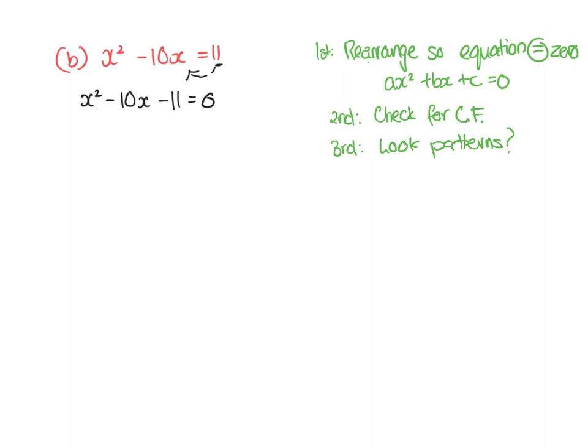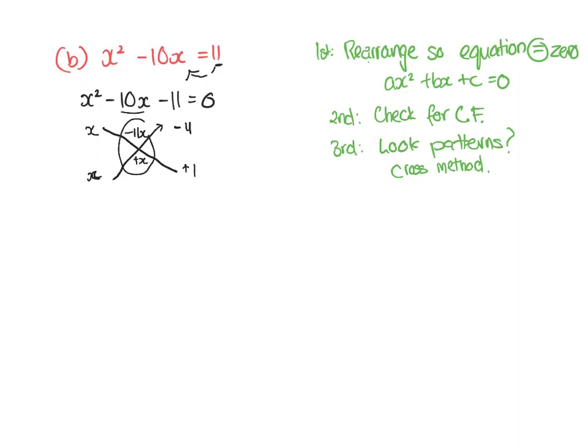So let's go and do the cross method. We're actually trying to factorize it. Next year there'll be some other methods you could try as well, but we're going to use the cross method. With the cross method we get factors of x squared, which is x and x, and factors of negative 11. So I could say negative 11 times positive 1, that gives negative 11. If we do the multiplying, we see we get negative 11x and positive x, and when we add them it gives the term in the middle.